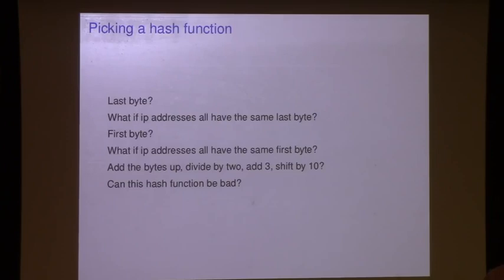So once you show me the hash function, I could always find a bad set of IPs. I know there's some, on average, each entry has a fair number of items mapped to it. So I know I could find a bad set of IPs. So every hash function is bad in this sense.